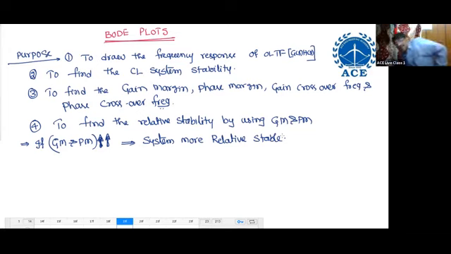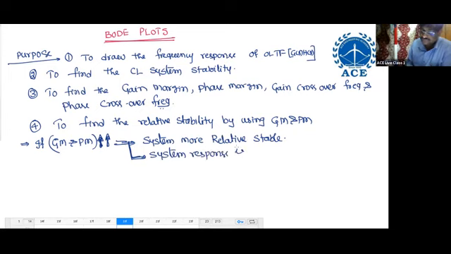But the problem is slow response. Whenever gain margin and phase margin are very large, we can say the system response is slow. The rise time becomes large.